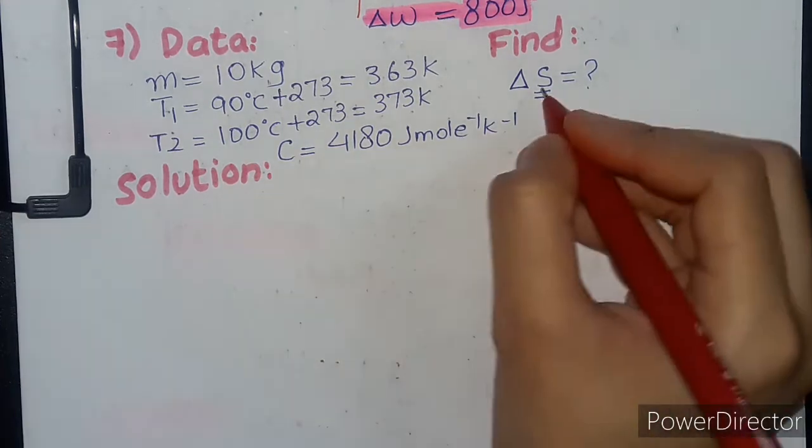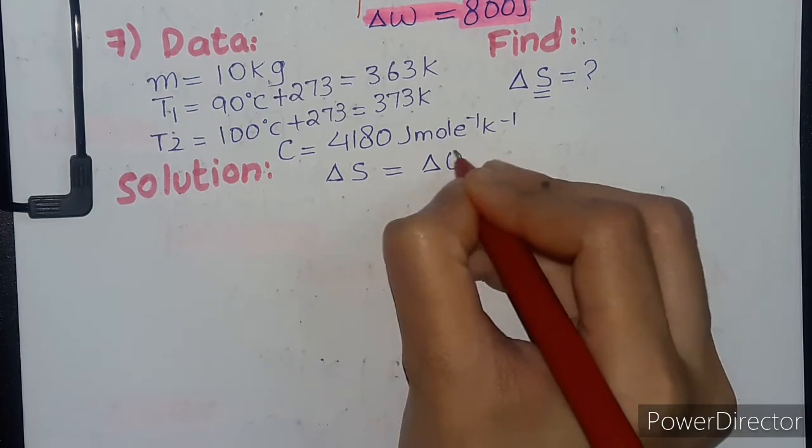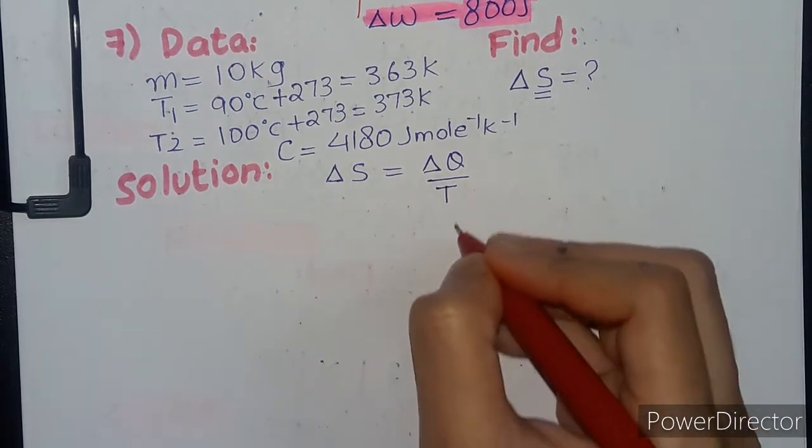The formula for del S is equal to change in heat divided by temperature.